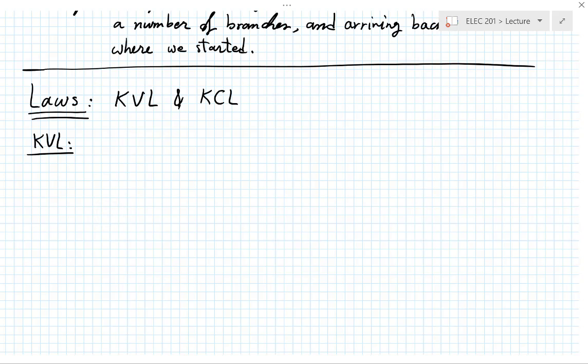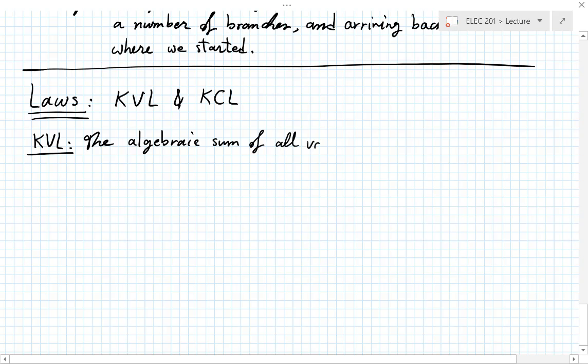So KVL is this, and I think we talked about it last time, but for completeness, let's write it down again. The algebraic sum of all voltages in a loop is 0.